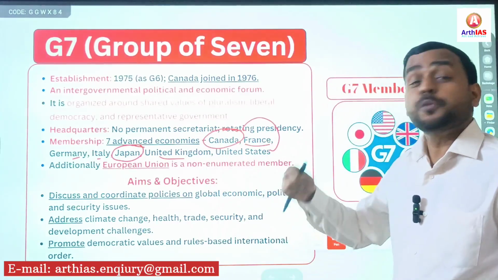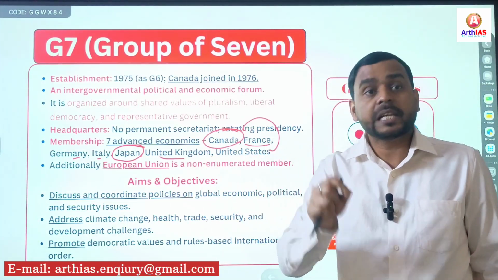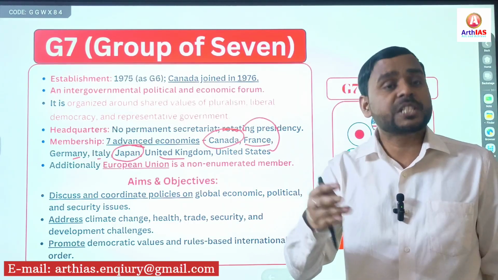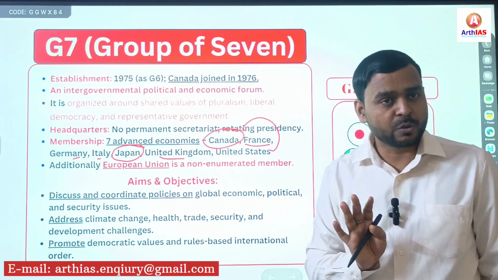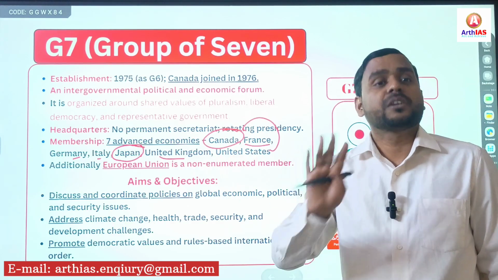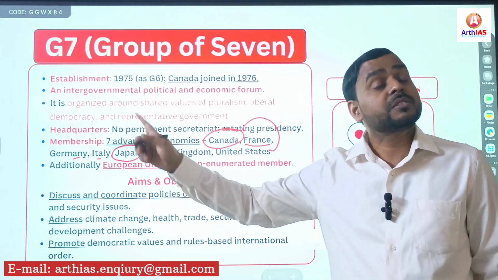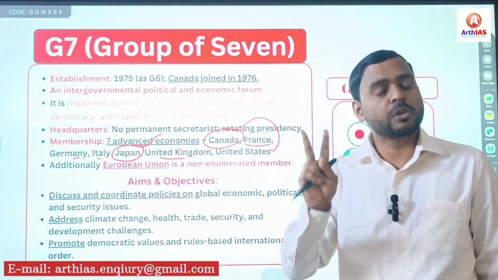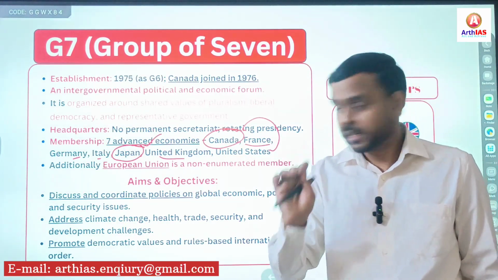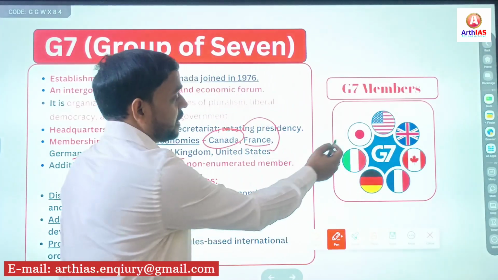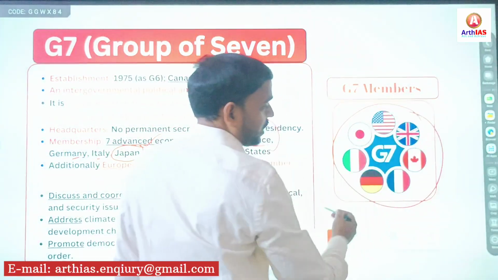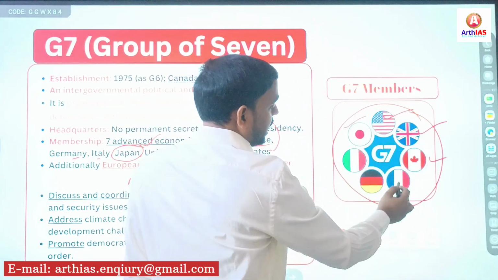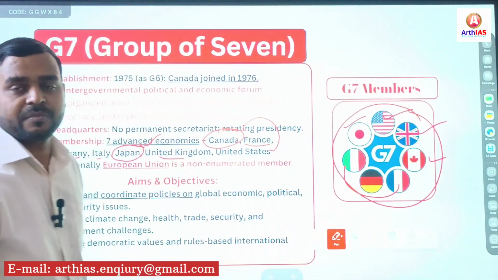So UPSC may frame tricky statements like two or more than 2 countries of Asia are members of the G7 group, right? Always remember, only Japan is the member of G7, the only Asian country. 4 European countries, 2 North American countries, and 1 Asian country. You can easily recall, right? These are the 7 members: US, UK, Canada, Japan, and these 3: France, Italy, Germany.